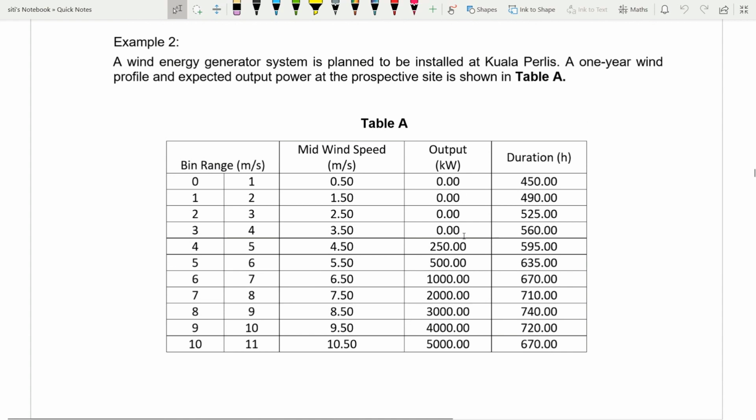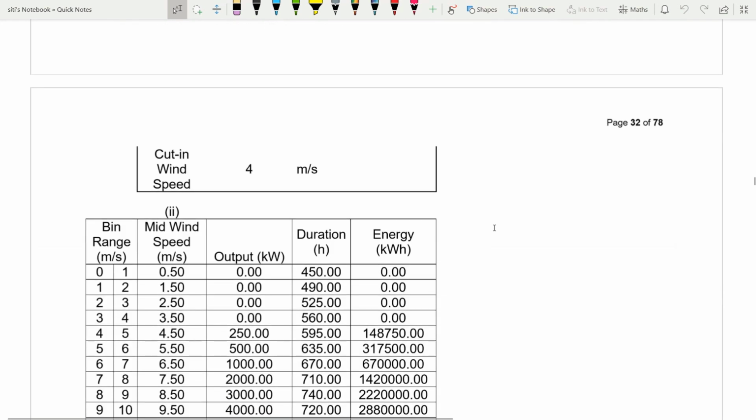You find the speed, which is 4 meters per second, when the wind turbine starts to produce output. So the answer is 4 meters per second. Don't take the mid wind speed; take the value from this wind range, starting from 4 meters per second, when the wind turbine starts to produce power or start to rotate.